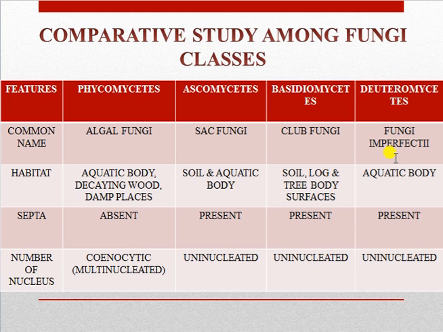Next, if you consider habitat, Phycomycetes or algal fungi are commonly present in aquatic bodies. They can grow on decaying wood, as well as in damp, shady places. Ascomycetes can be seen on the soil surface, and they can also float on water bodies. Basidiomycetes are commonly found in soil.